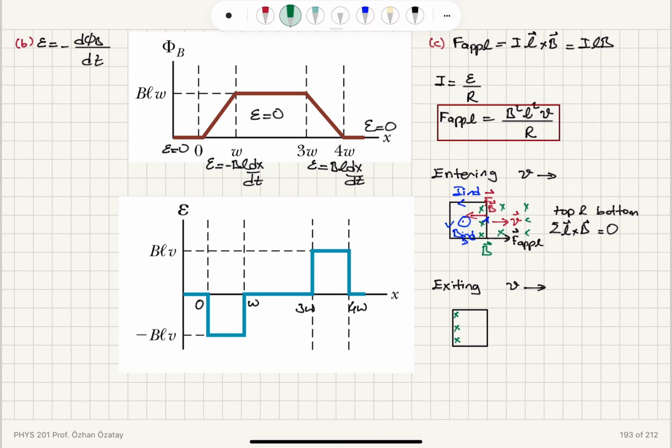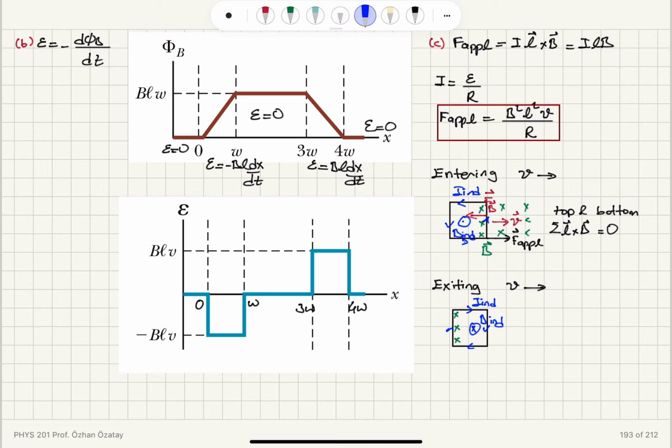So the induced current should flow in a direction that is going to produce magnetic flux into the page. That is basically in the clockwise direction, so that if you have your right hand thumb pointing in the direction of the current, forefingers inside the rectangular loop will point into the page. So this is going to create an induced magnetic field into the page.